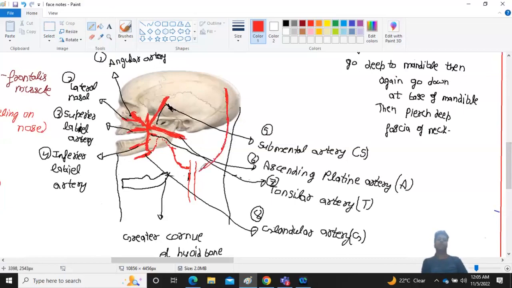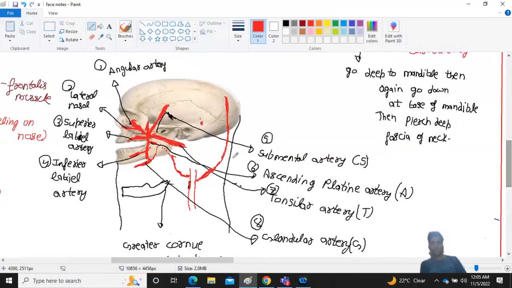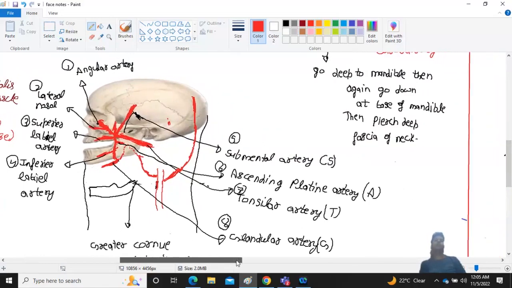Then another branch of the external carotid is the retropharyngeal; we will discuss that part later. Then the superficial temporal. All these similar patterns are present in the external carotid.